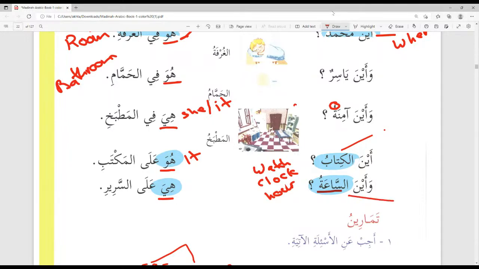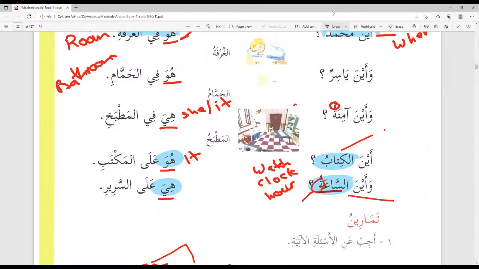The general rule for how to tell a masculine word from a feminine word is the end of the word. If it usually ends with this ta, which is known as ta al-marbuta, the ta connected to the end of the word, then it's a sign that the word is feminine. As-sa'atu.